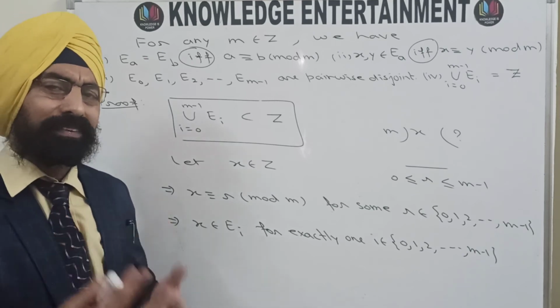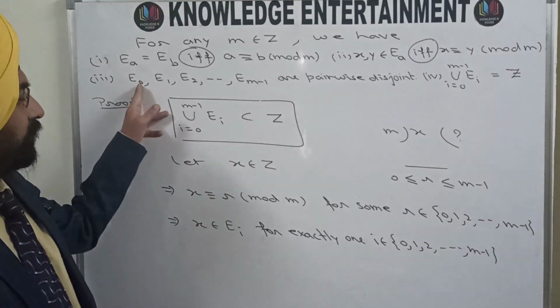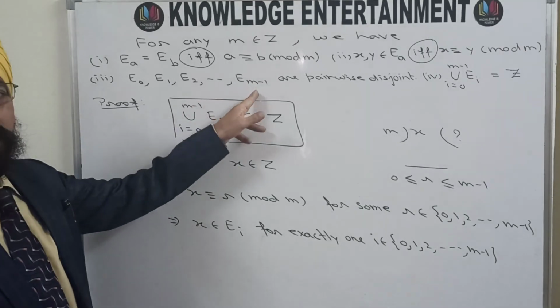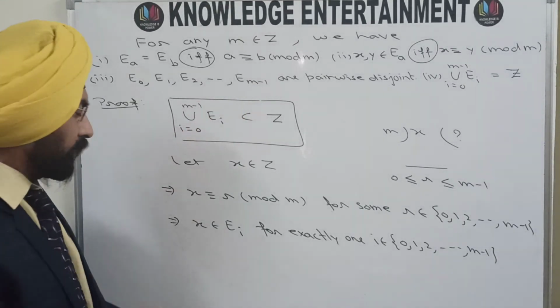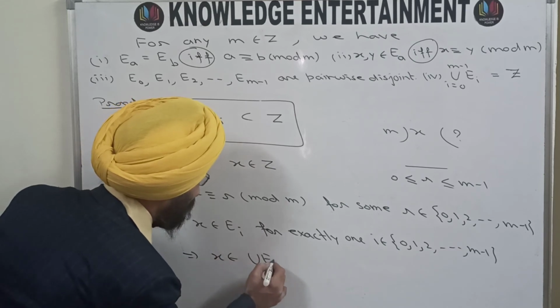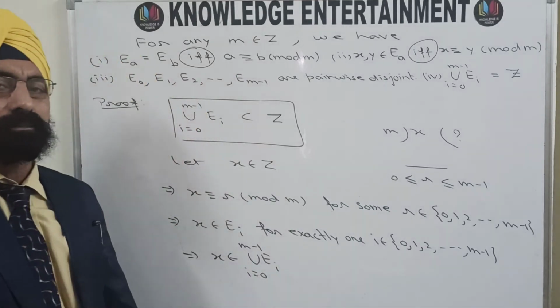So wherever x is, if x is here, even then it is in the union. If x is in E1, it is in the union. If x is in Em minus 1, it is in the union. So your x will be a member of the union of Ei, i varying from 0 to m minus 1.